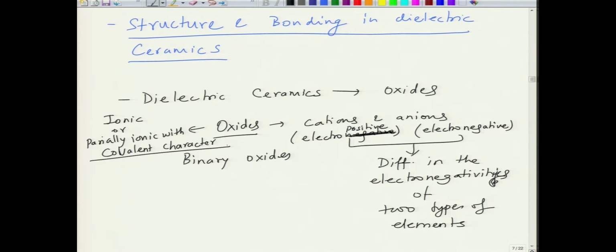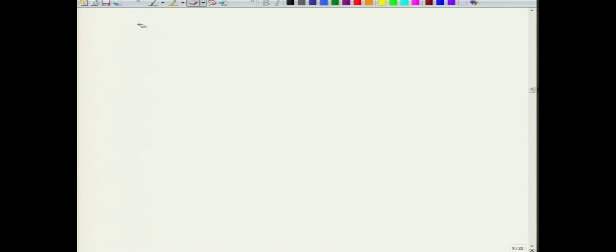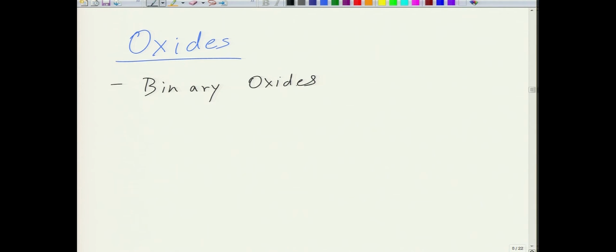So, generally this is the bonding scenario in these materials. You may have types of materials, these oxides could be binary oxides of the form MO, and so for example, formulas would be MgO, NaCl, NiO, all these are binary oxides.